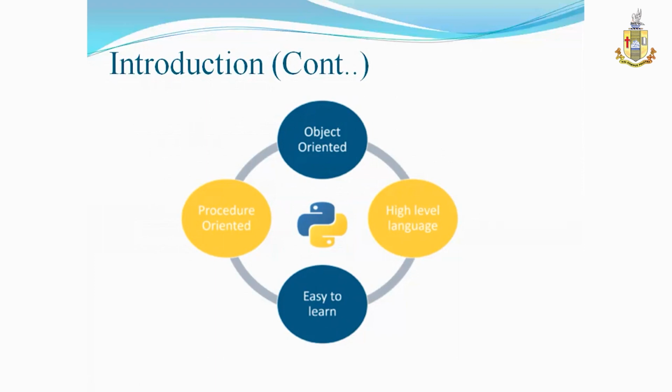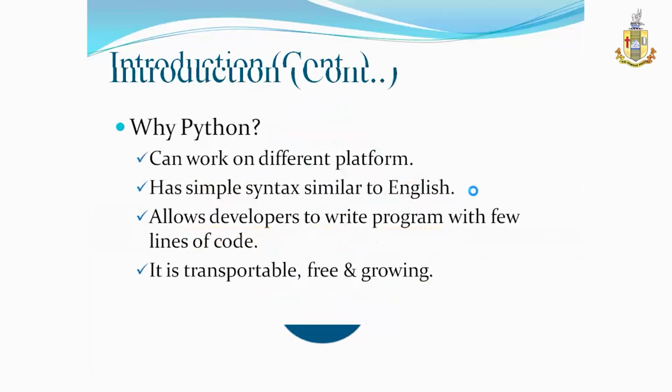So that is called procedure oriented. Then object oriented. Object oriented in the sense, if you want to perform any real time problem, this object oriented concept is being used. So Python supports this object oriented programming concept.